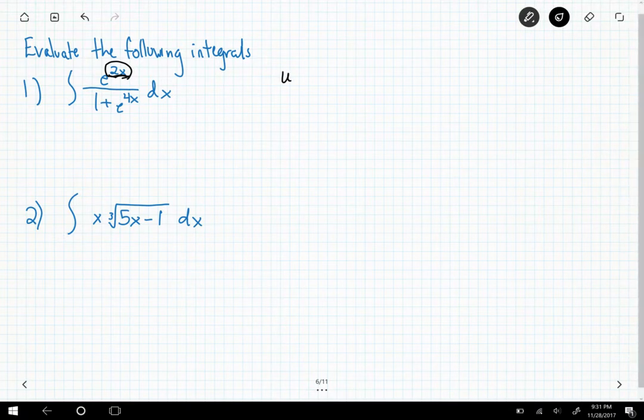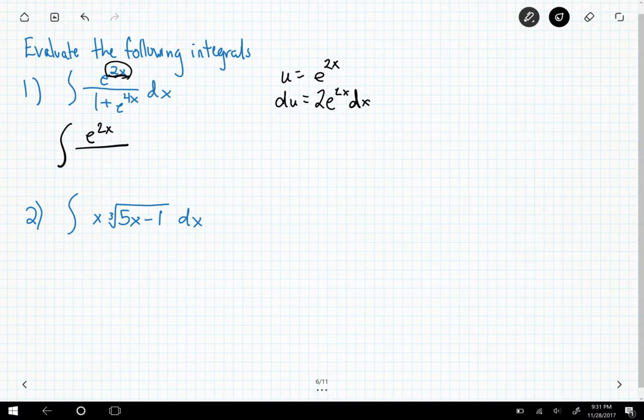It does take a bit of practice, but e to the 2x, the derivative of that, is going to have an e to the 2x here. So notice if I use u equal to e to the 2x, we have du equals 2e to the 2x dx. And you might be saying, well, wait a second, there's an e to the 4x down below. So we're kind of stuck. Well, yes and no. I'm going to rewrite this just slightly.